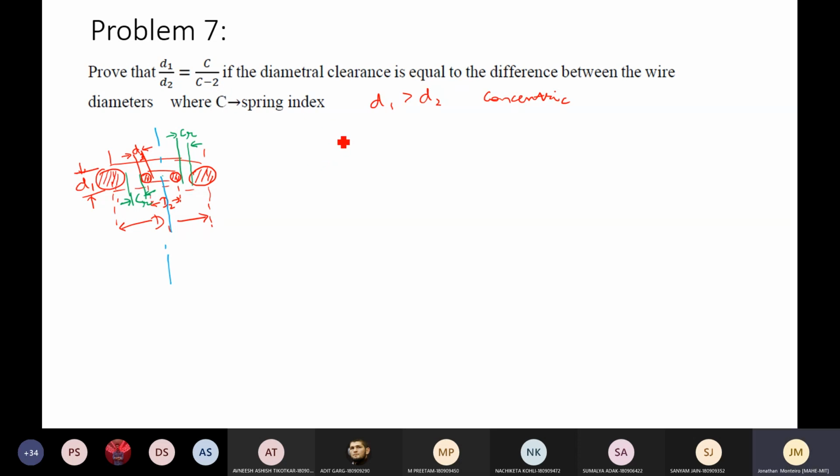So we know that D1 will be equal to the whole length from here to here. This D1 will be equal to D2 plus 2 times CR plus anything else. Can you guess what that is?